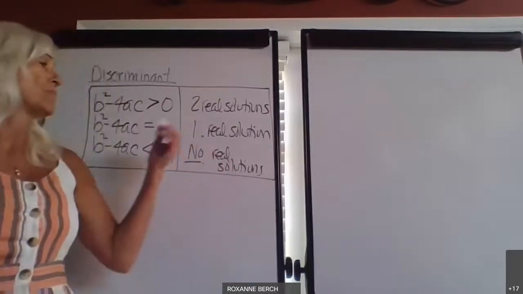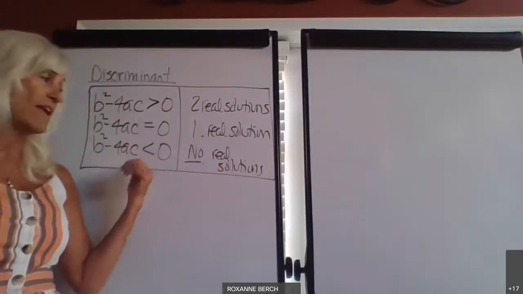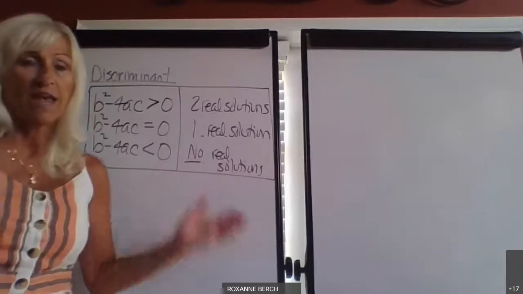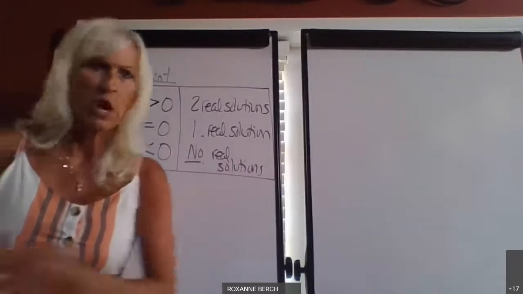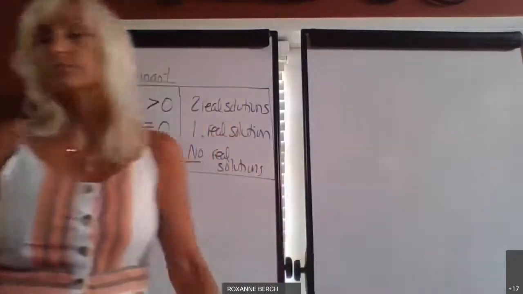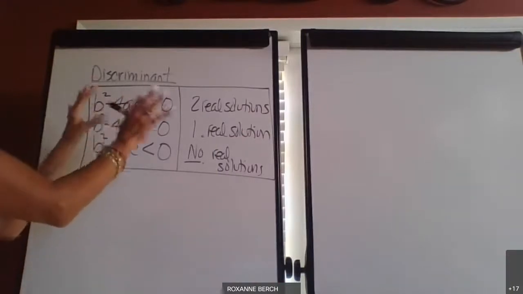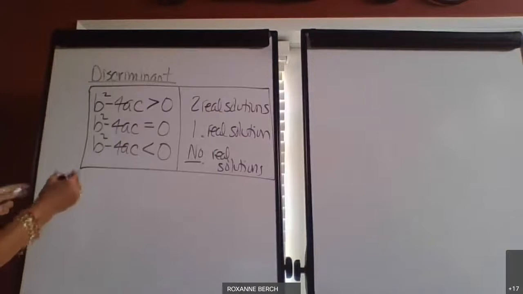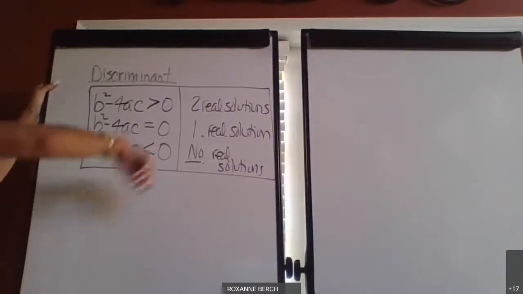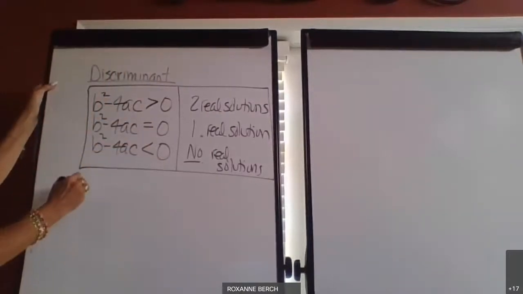Or would you rather look at the discriminant and find out there's no real solutions? In a real life problem, if there's no real solutions, why do the problem? So I'm going to show you the value of this in a minute, but for now, let's find the discriminant and state the nature of the roots.